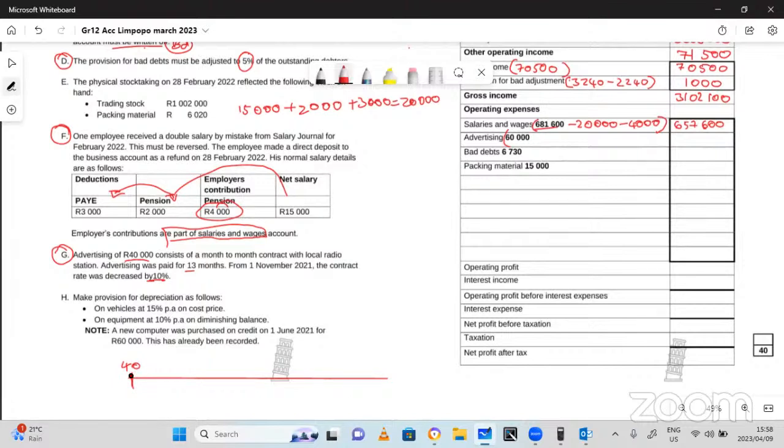But since it's an advertisement for 13 months, this timeline will consist of 13 months. Which means the 13th month doesn't belong in this accounting period. So this is the month that we need to account for and subtract.